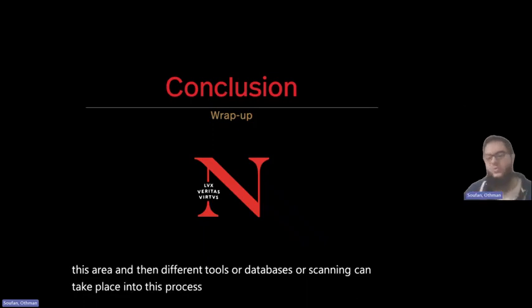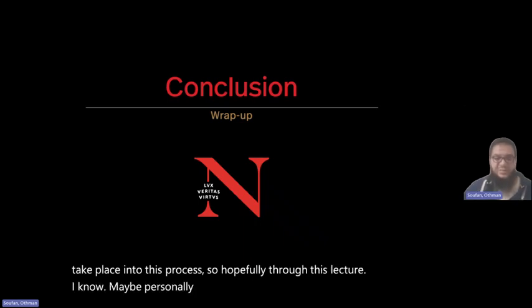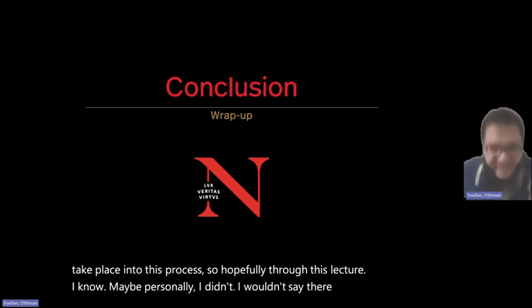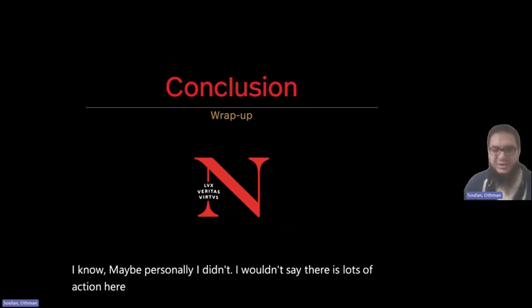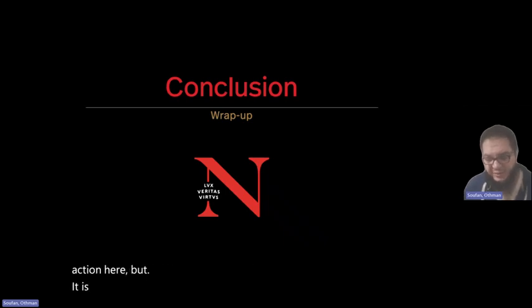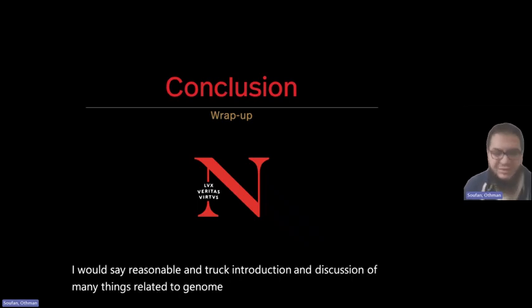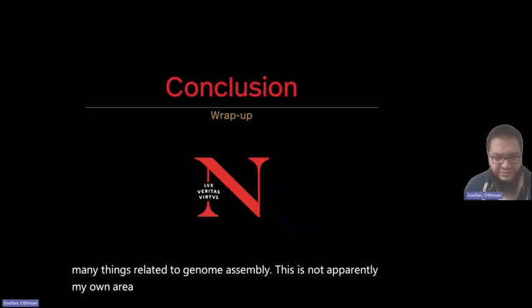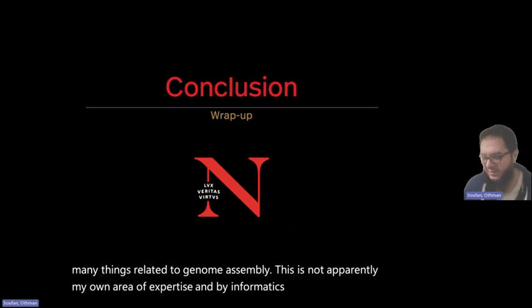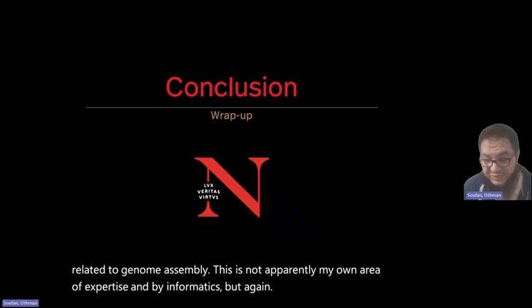So hopefully through this lecture, I know maybe personally I wouldn't say there's lots of action here, but it is, I would say, a reasonable introduction and discussion of many things related to genome assembly. This is not apparently my own area of expertise in bioinformatics, but I know how important it is.